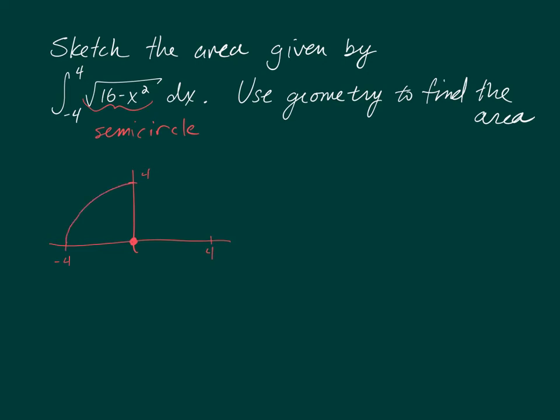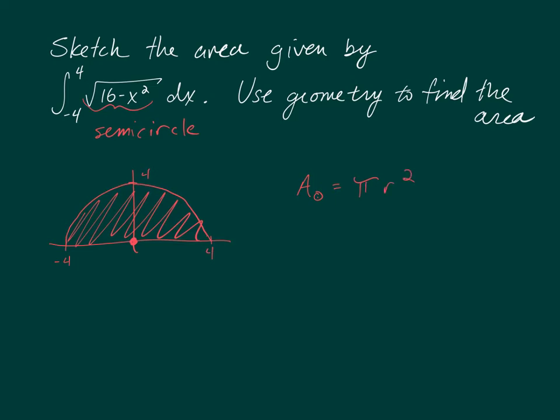And so it looks something like this. There we go. And we're trying to find this area. So there's what the picture looks like. If you're just trying to find the area of this, we can find the area of a circle with radius 4 by using this formula.